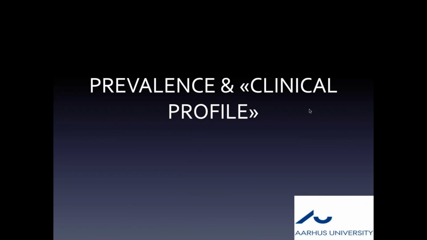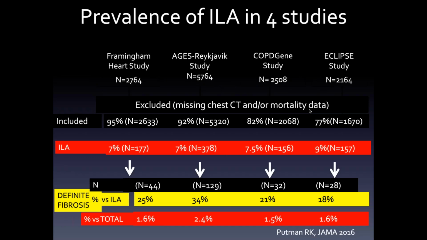What is the prevalence and what is the clinical profile of these interstitial alterations detected in healthy or considered healthy subjects? In these 4 studies, the prevalence of ILA was around 8%.